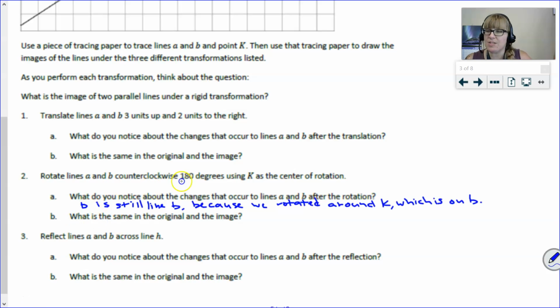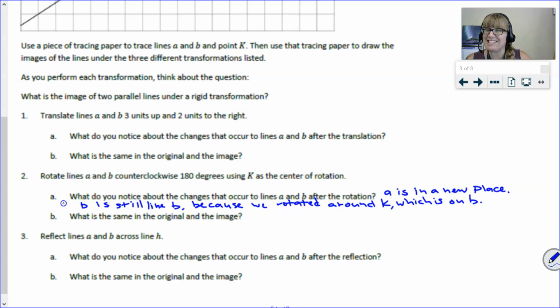What are some things that are the same? Oh, that was something that was the same, but it kind of goes along with something that's different. I'm going to make sure I note A is in a new spot. So although B stayed the same, A is in a new spot.